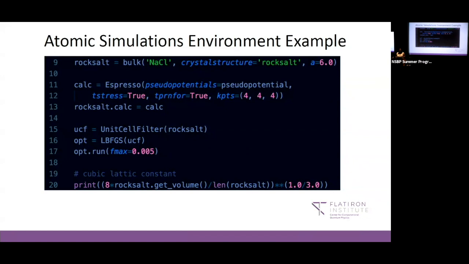That way, we can just do everything all at once within ASE. The problem, however, again, is that to be able to run that calculation, you still need to download all that extra software, including Quantum Espresso, to then be able to call it within ASE to do your calculations. You still have the same problem.